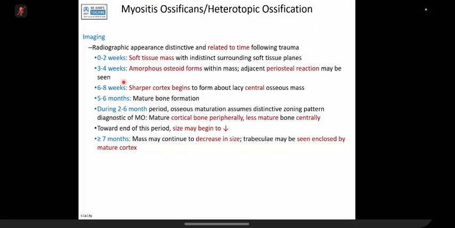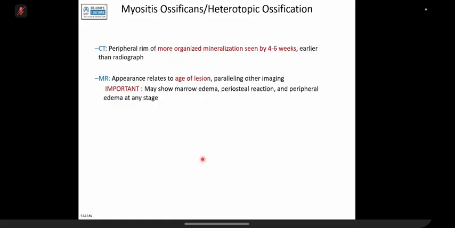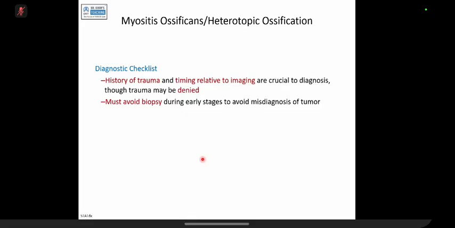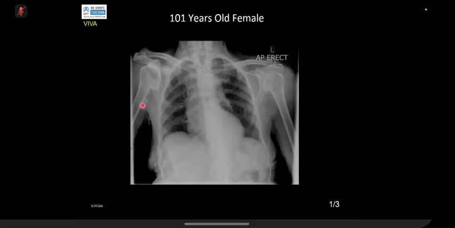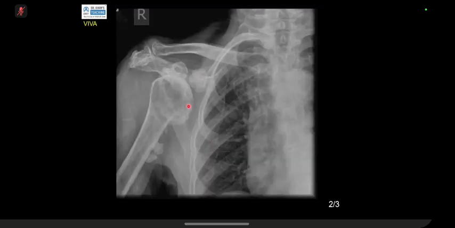This is a chart from StatDX showing how long it takes for the whole mass to decrease in size and cease, and it will have a mature cortex. So the key point is that initially don't do anything. Must avoid biopsy.